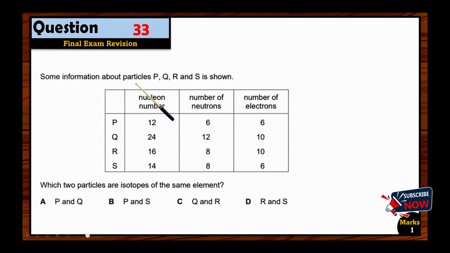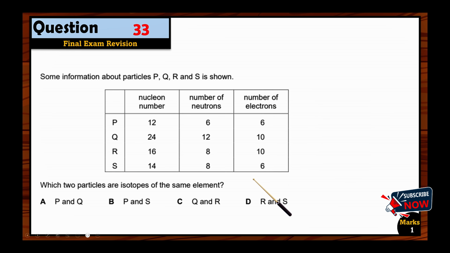Some information about particles P, Q, R, and S is shown over here. Which two particles are isotopes of the same element? The first thing about isotopes is that the isotopes of the same element will always have the same number of protons. Same number of protons means the proton number is always equal to electrons also.